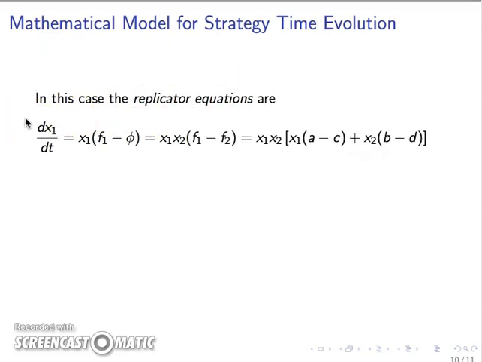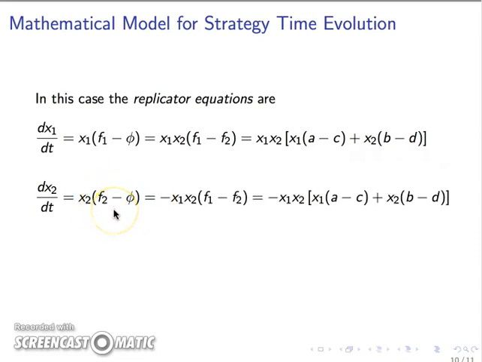Based on the previous calculations, in this expression we can replace what we had previously computed and obtain an expression for the rate of change of x1. And then similarly, the rate of change of x2 is given by the frequency x2 multiplied by the quantity, which is how F2 deviates from the average fitness.